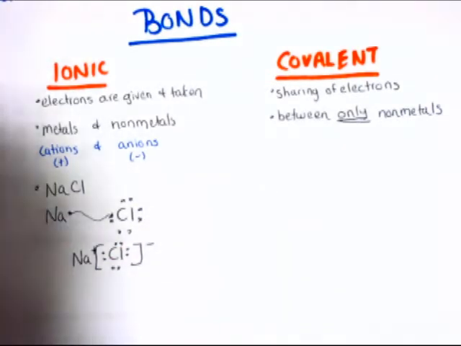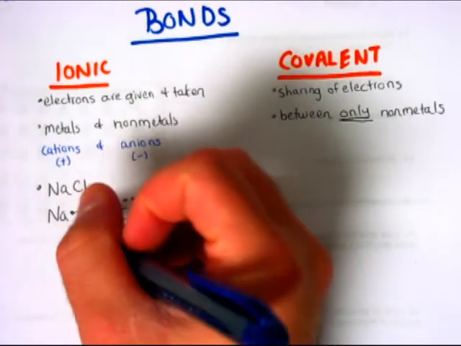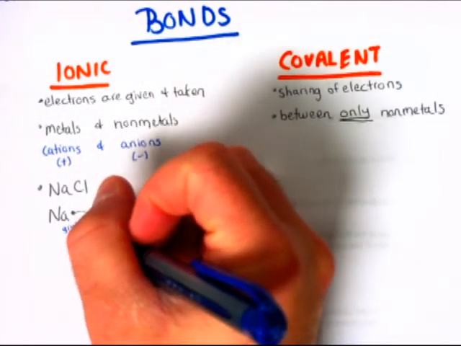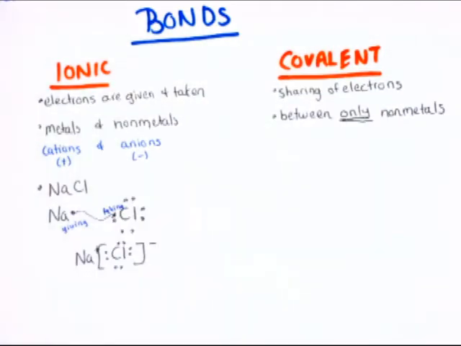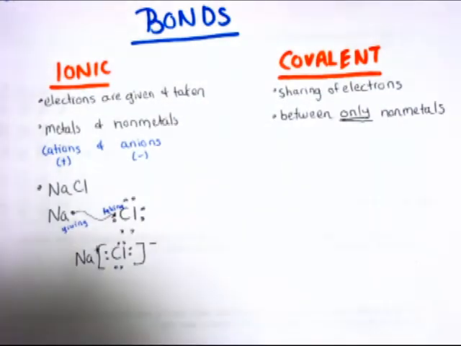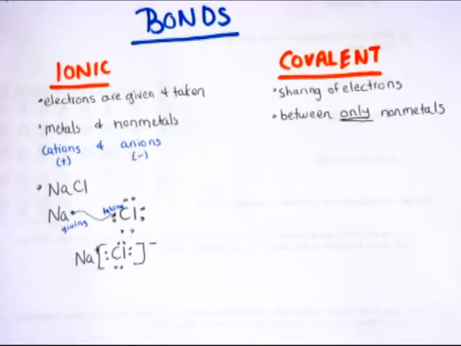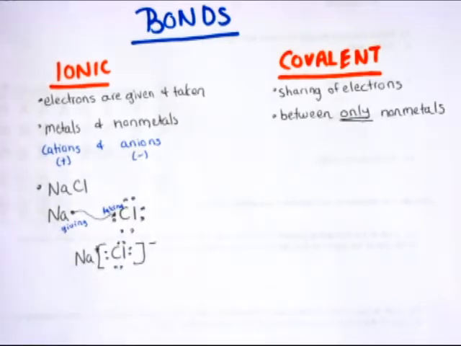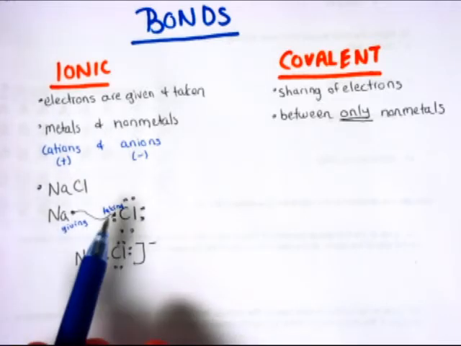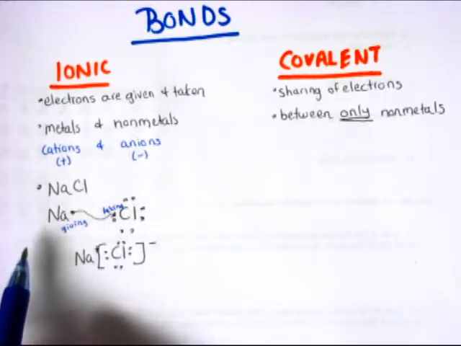Do you see that event of giving and taking of electrons? Raise your hand if you see the giving and taking of electrons. The Na is giving, the Cl is taking. That's why Na becomes positive. That's why Cl becomes negative. Do you understand that event?